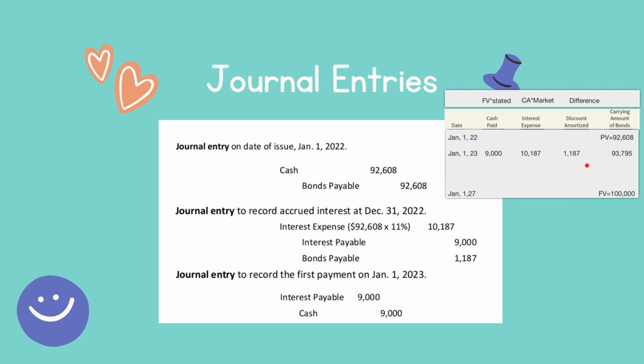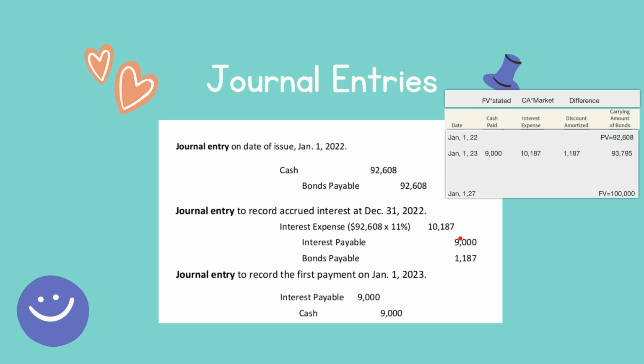Okay. So let's talk about the accrued interest here. Again, at the end of the year, at December 31st, I need to accrue my interest because it's incurred but not paid yet. So it's interest expense to interest payable. Interest expense, it's this one, 10,187. Interest payable, how much am I gonna pay? The payment is 9,000, but did I pay? Not yet. I'm gonna pay it tomorrow on January 1. Okay, 9,000. What about the difference?